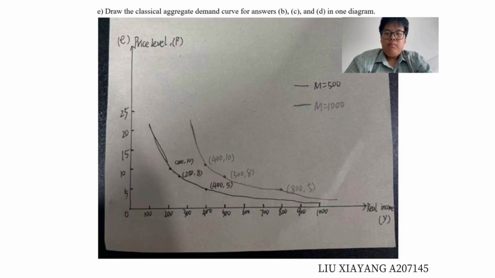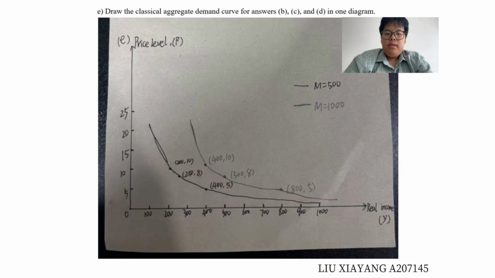When the price level is equal to 10, the real income with money supply equal to 500 is 200. With the money supply equal to 1000, the real income is 400.